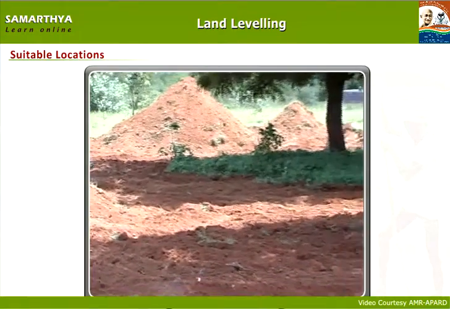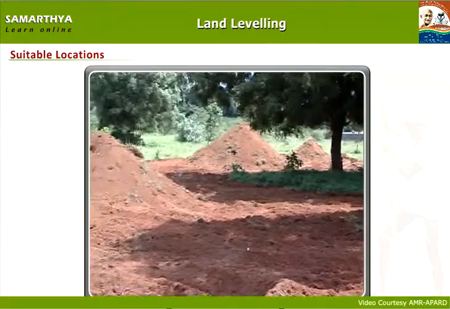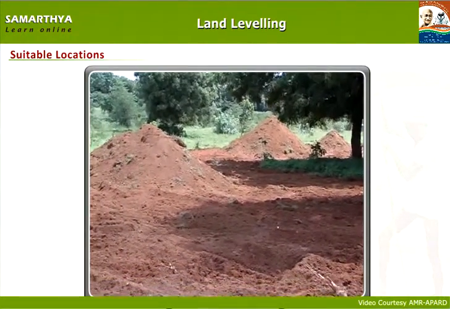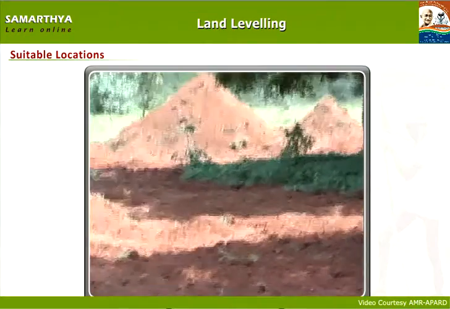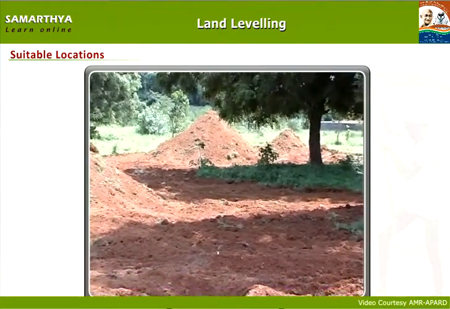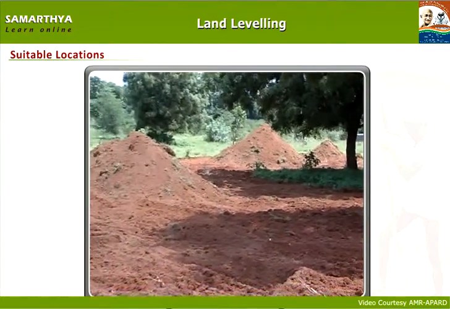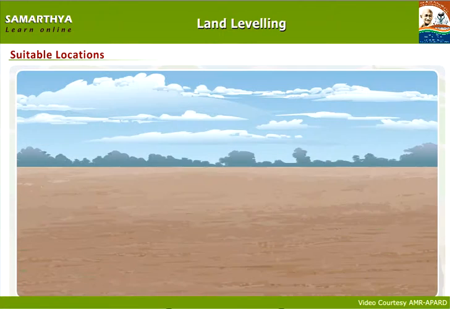Another important point to be kept in mind in the leveling is that the fertile top layer soil of the high mounds be deposited separately. The soil so deposited is to be used to fill in the pits and level them. As that soil is fertile, it should be used well.